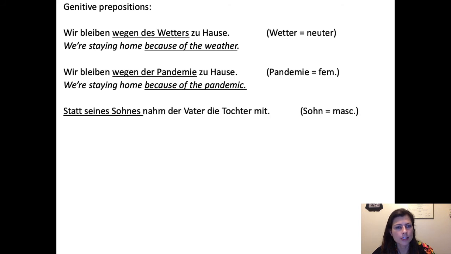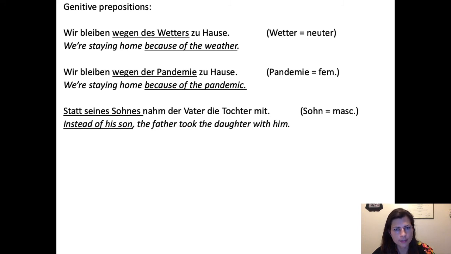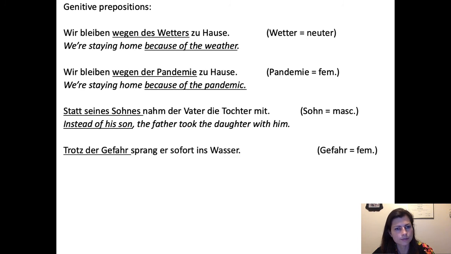What about statt seines Sohnes nahm der Vater die Tochter mit? Statt means instead of, and it's a genitive preposition, so it needs to have genitive following it: instead of his son, statt seines Sohnes. Trotz der Gefahr, Gefahr is feminine, so in spite of the danger.